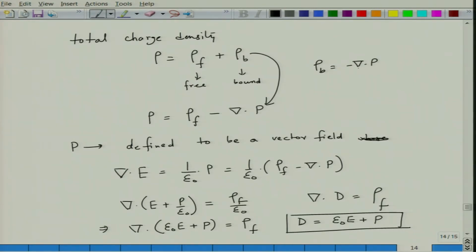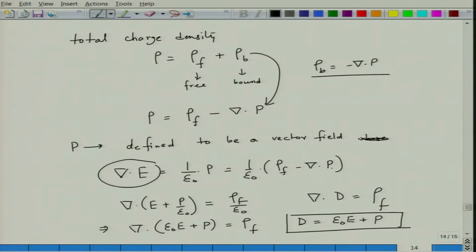You have to add a minus there to get the correct sign. So rho B becomes minus del dot P, and then we substitute. Now we have a dielectric inside the parallel plate capacitor, so the field inside will satisfy del dot E equal to rho divided by epsilon naught, which is 1 over epsilon naught into (rho f minus del dot P).